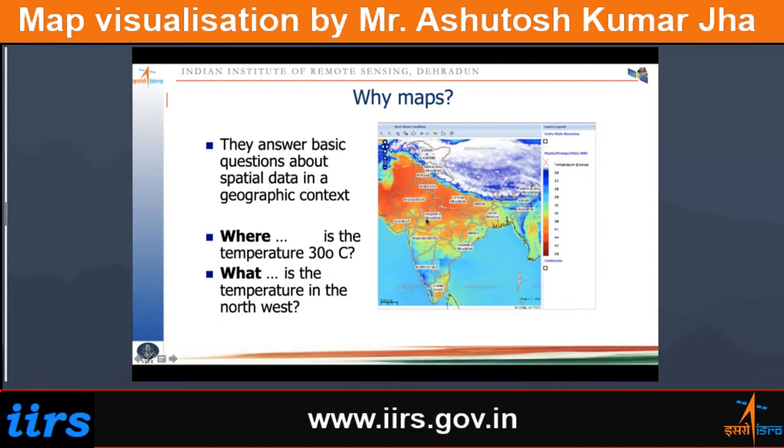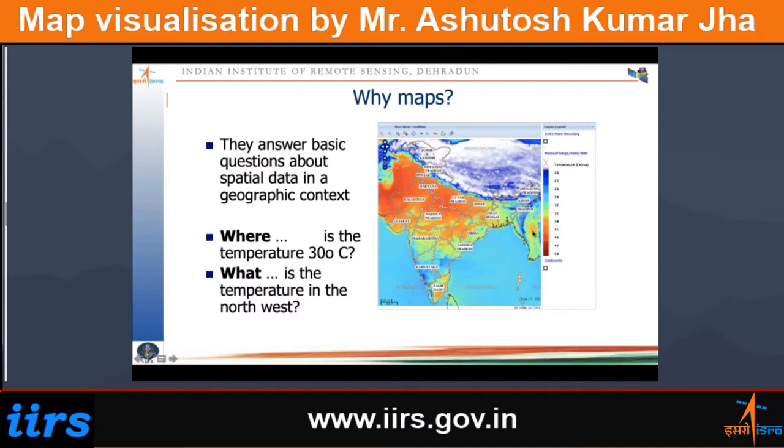And if we are interested in finding out the temperature at a particular place, let's say in Delhi, if I know the location of Delhi, I'll simply go to that location and look it up in the lookup table. This lookup table is nothing but the map legend. Once we have these regions, we can easily find out the corresponding temperature at particular locations.